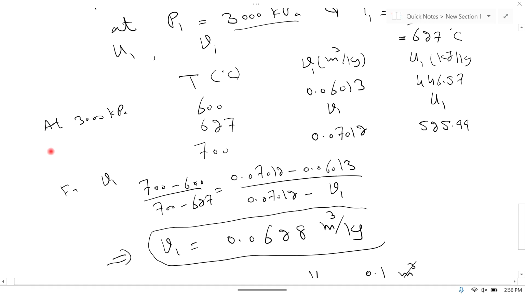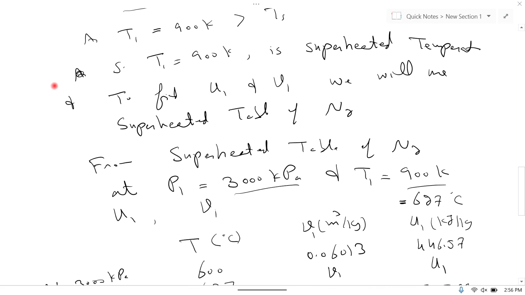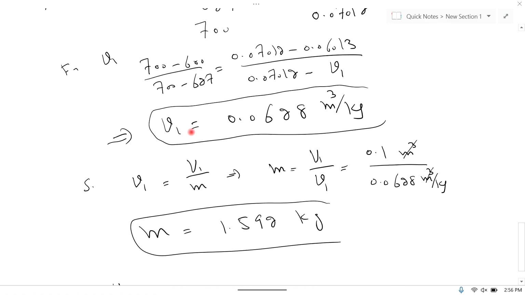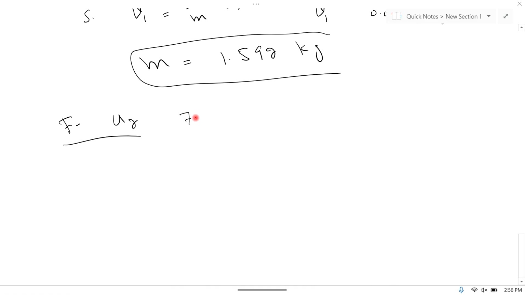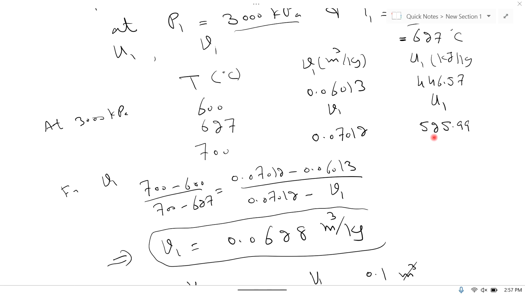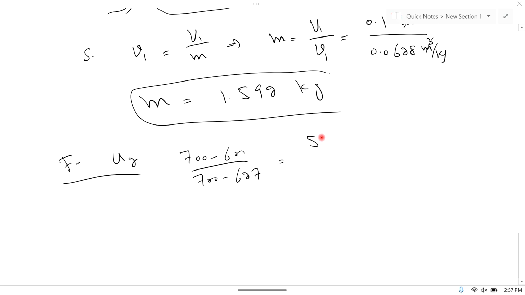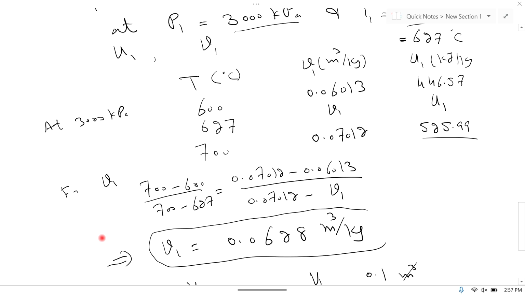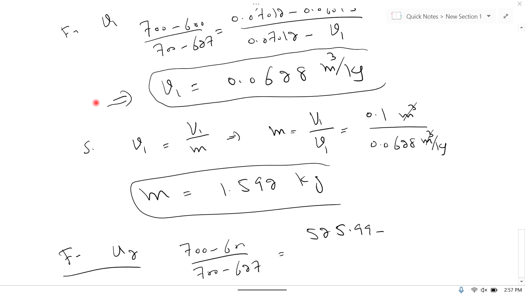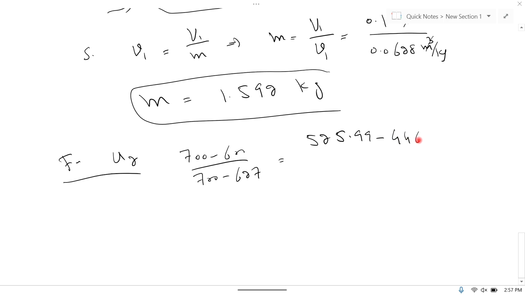So for U2, third value minus first value, 700 minus 600 divided by 700 minus 627. 700 minus 627 is equal to per U1, third value minus first value, 525.99 minus 446.57 divided by third value minus second value, which is U1.